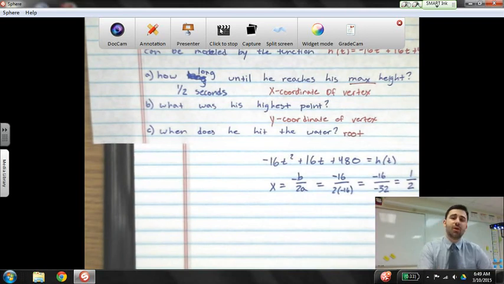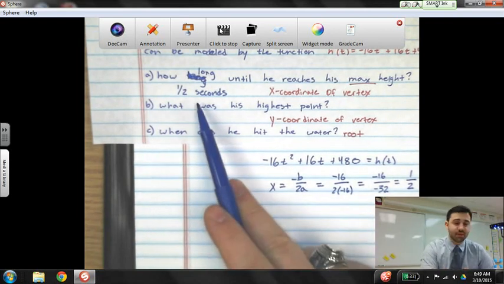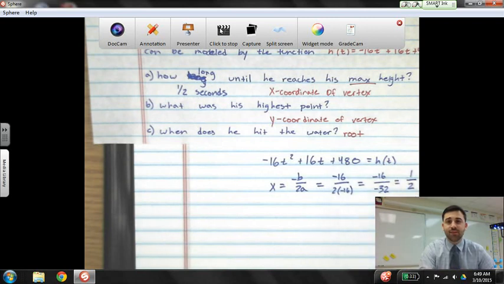And so our equation says that the height is modeled in t, time, in seconds. In this situation, it's asking us for how long until he reaches his maximum height, and that time is 1/2 second. So after 1/2 second, he reaches his maximum height. And so we used the x-coordinate of the vertex to find that.